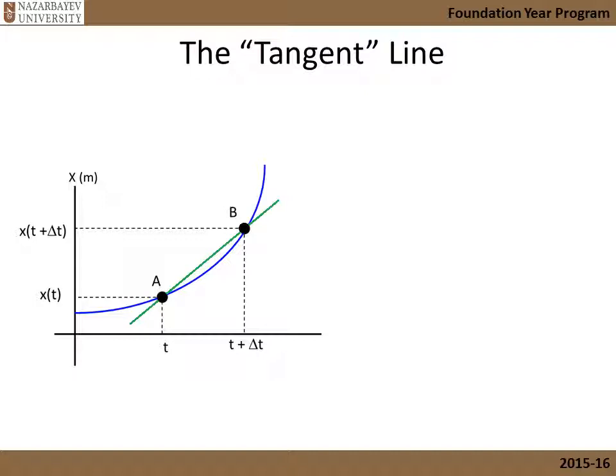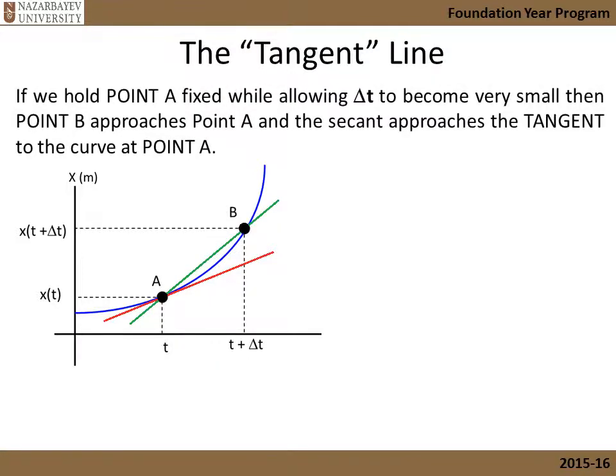Let's draw a tangent line to our blue curve. Our blue curve is our function, right? So here we can see our red straight line, and let's do the following process. We will hold point A fixed while allowing delta t to become smaller and smaller, and this means that our point B will move towards the point A in the direction defined by this green arrow.